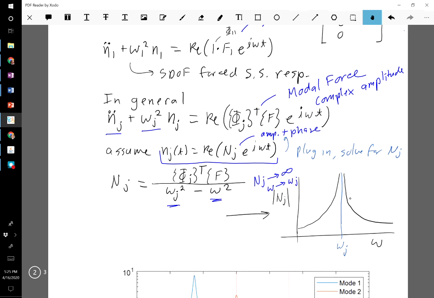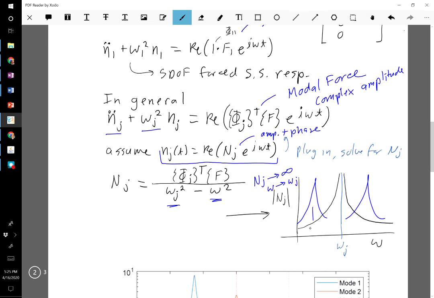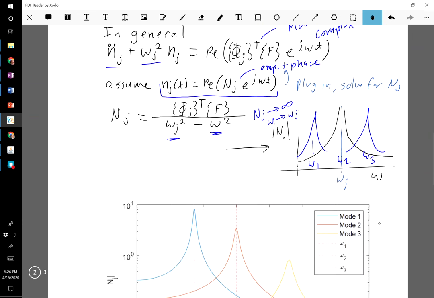And this is the same for mode 1, mode 2, mode 3. So we would just get a bunch of these curves for mode 1, mode 2, mode 3. And so each mode just behaves like a 1 degree of freedom system. It just has a different resonance.